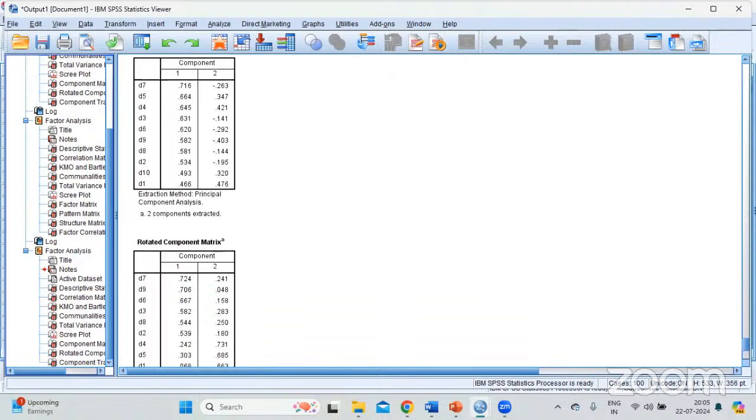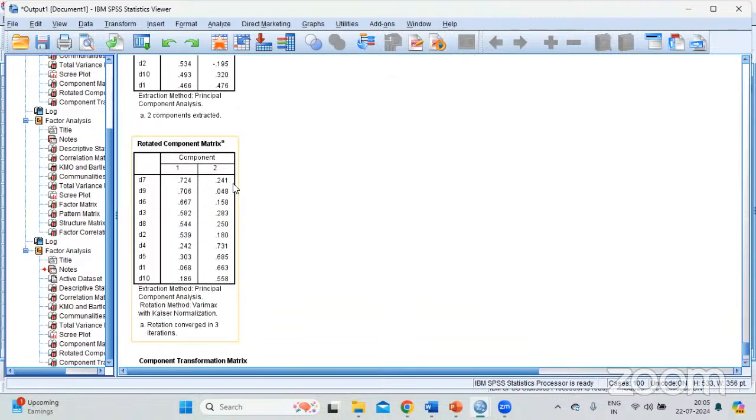Component matrix, rotated matrix. In the rotated matrix, we can see that items number 7, 9, 6, 3, 8, 2 are all loading on the first component, which is explaining almost 25 point some percentage of the total variance, while items number 4, 5, 1, and 10 are all loading on the second component.